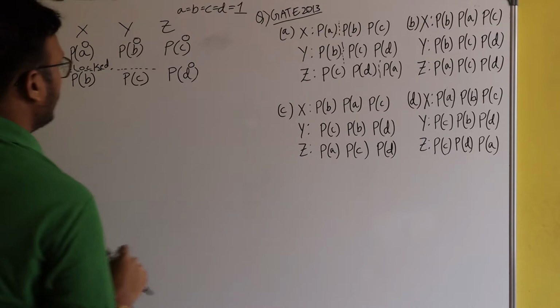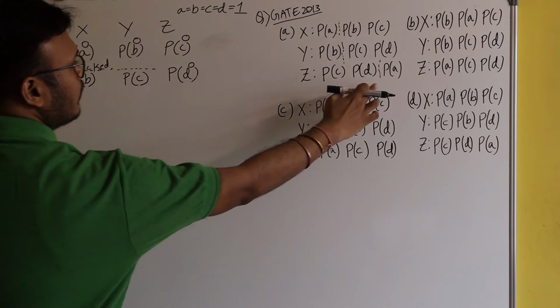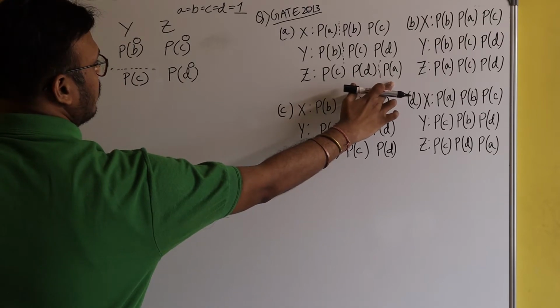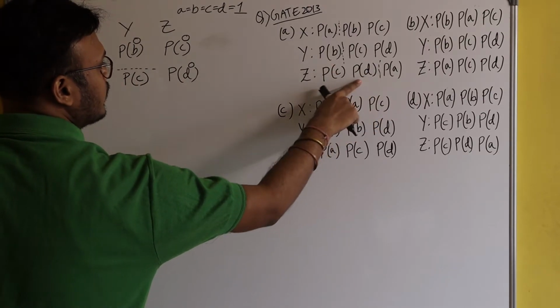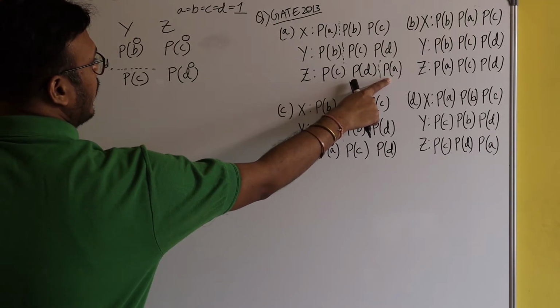Now again the CPU is given to process Z, and process Z will try to execute PA. Process Z has already successfully executed PD, and now it will try to execute PA.